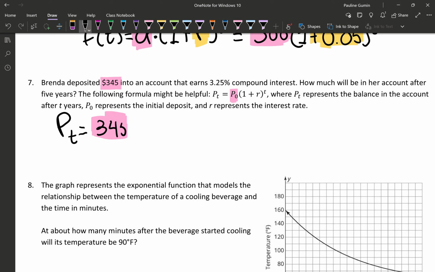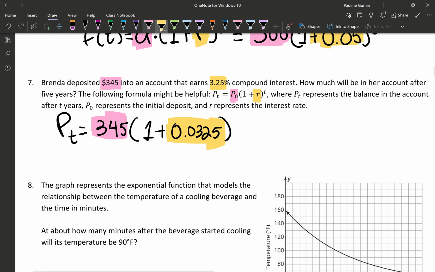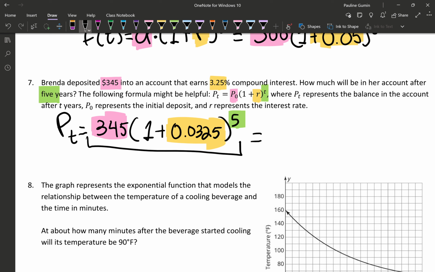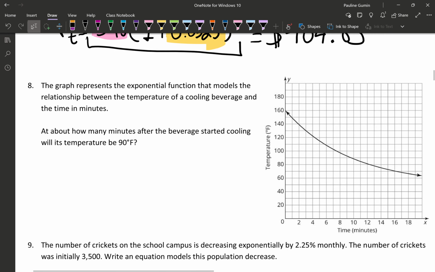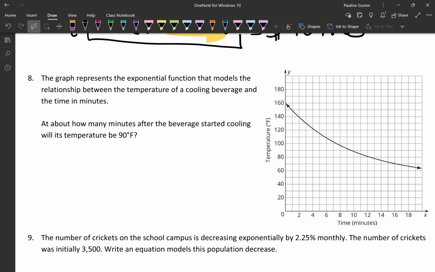So, 345. 1 plus, our R is our rate, 3.25% as a decimal is 0.0325. And our time here is 5 years, so it's to the power of 5. I'm going to put this whole part into my calculator, and I get that after 5 years, Brenda has $404.83.